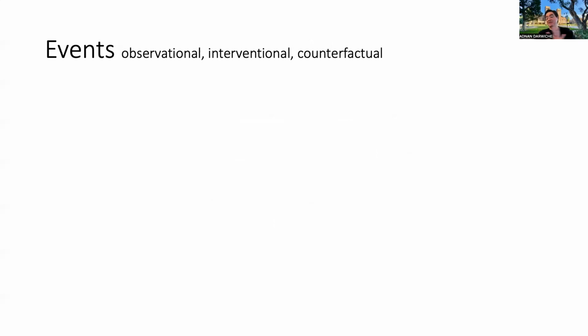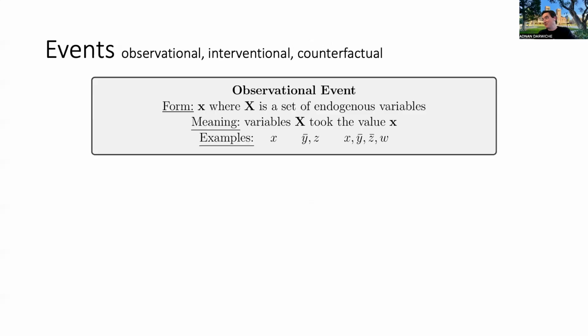Okay, this looks too complicated. It's not. First of all, you know what observational events are. This is what we've been doing in the class so far until last lecture. That is, you have some variables and they get some value. That's an event. Variable X took that particular value. We're going to call this an observation event.